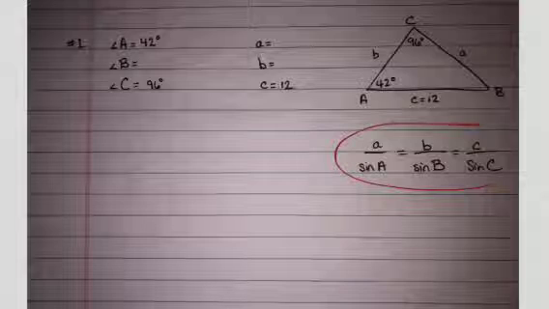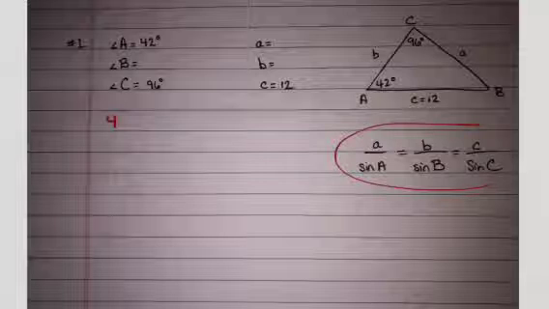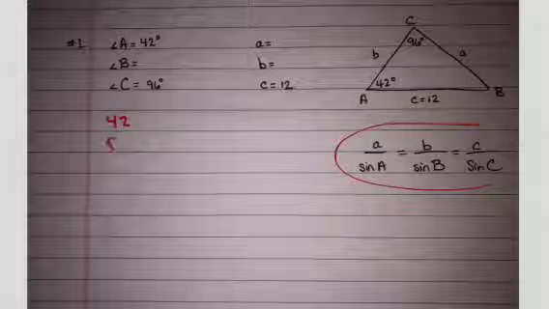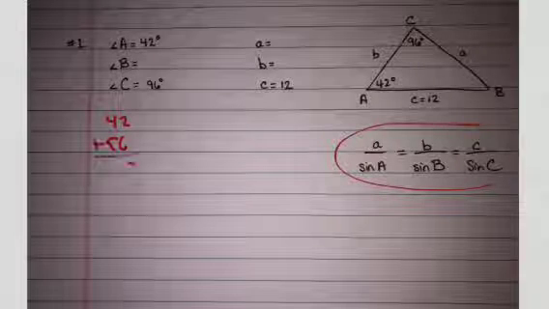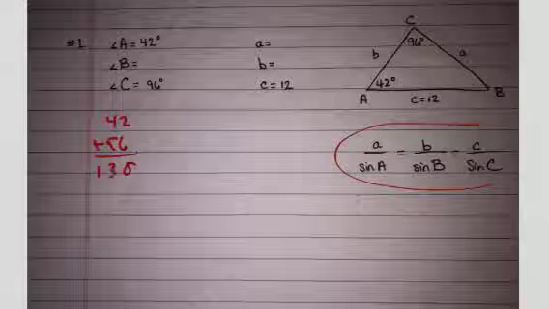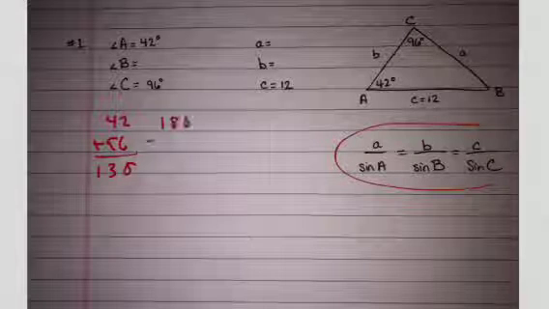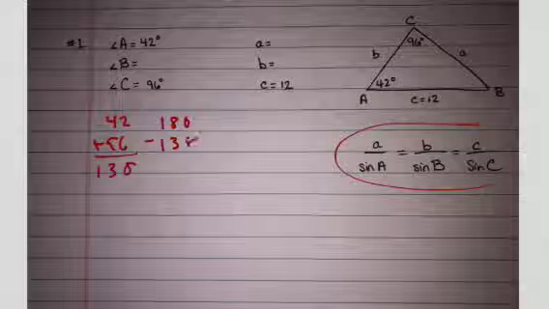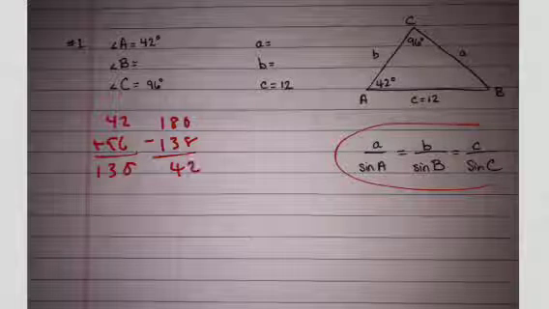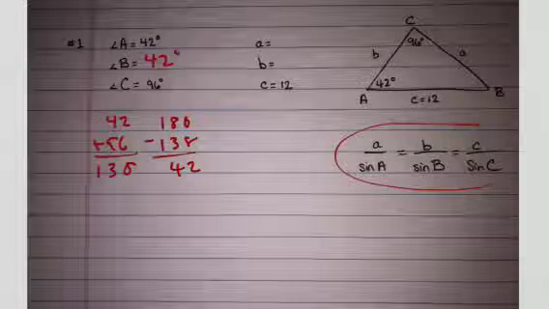The easiest thing to do is to find angle B right away, because when we add up the angles, that gives me 138, and then subtract from 180, and I've got my missing angle B, 42 degrees.